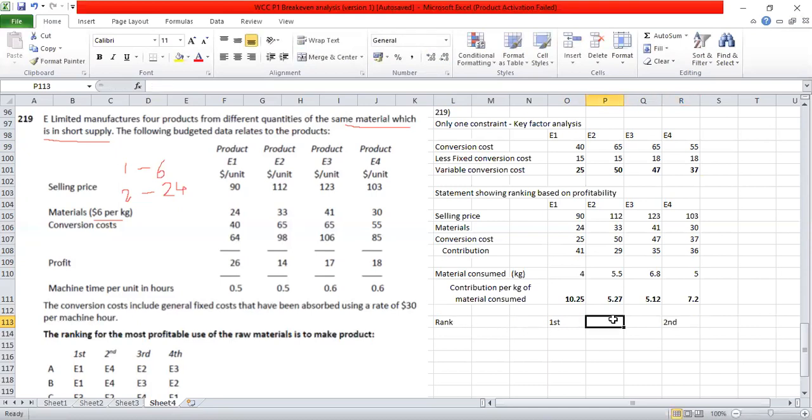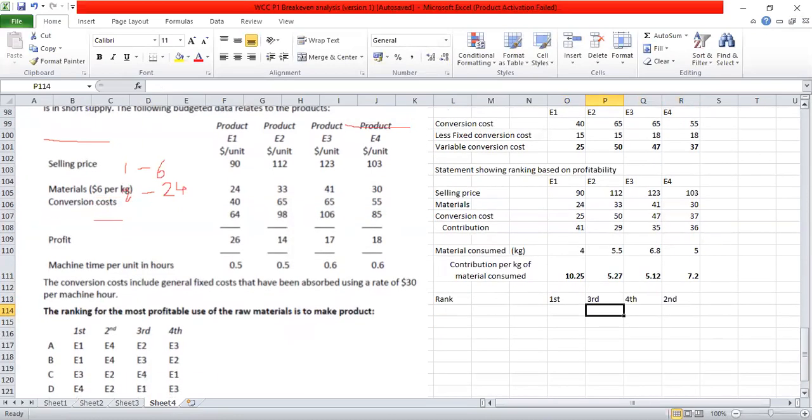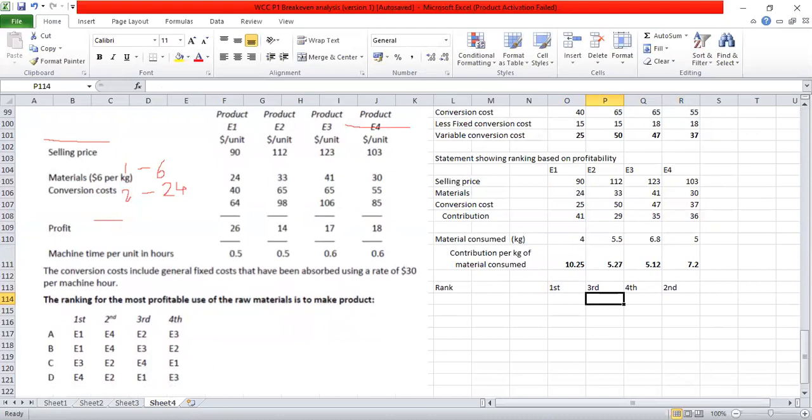Third is E2. Then we have just E3. So, first is E1, second is E4, third is E2, and then E3.